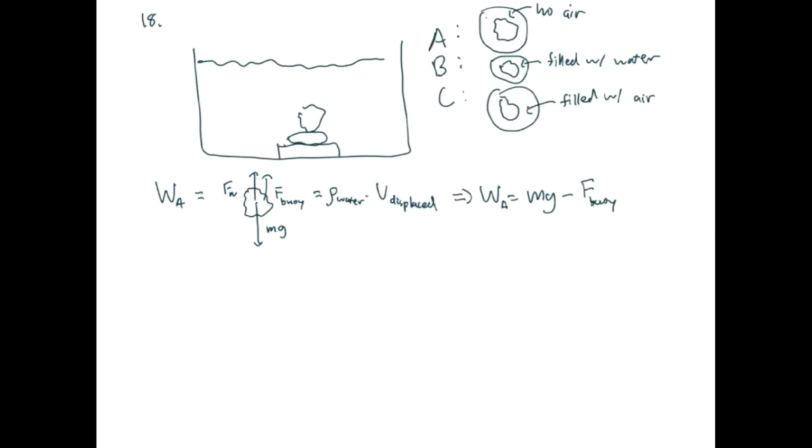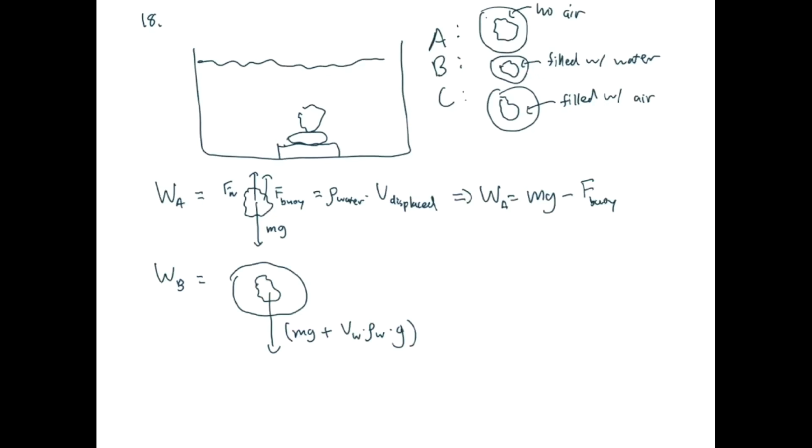Now let's look at what the weight Bob measures is. Bob has the rock inside of a bag now. The total weight of this bag is going to be mg plus the volume of the water in the bag times the density of the water times g, right? Because that water is going to add mass to the bag.